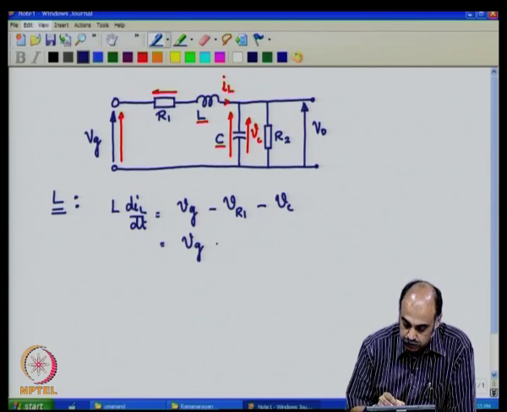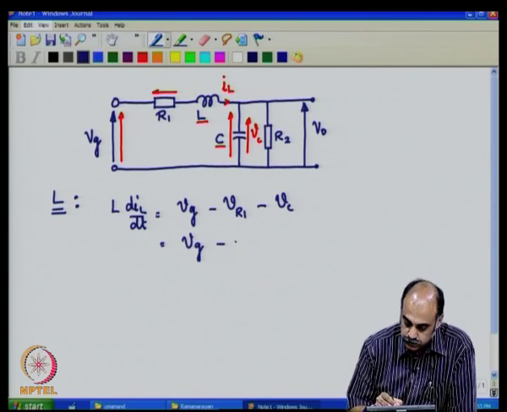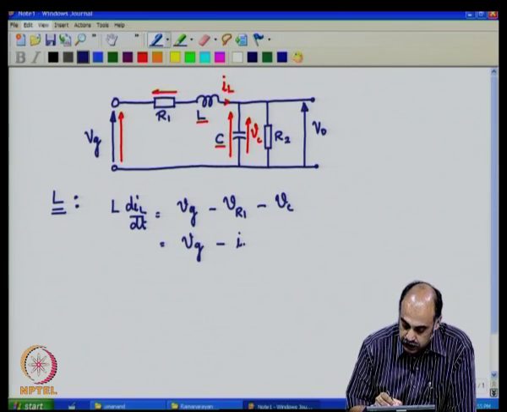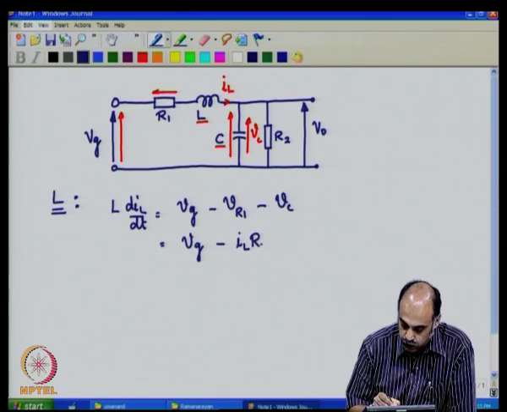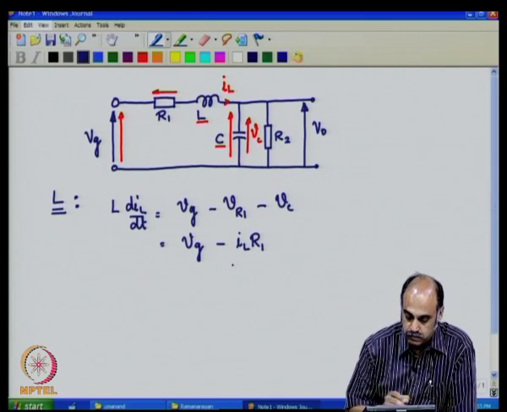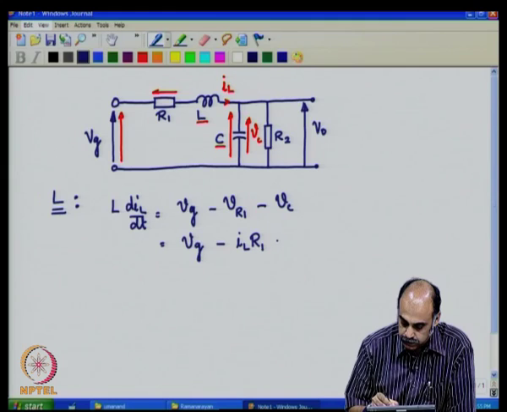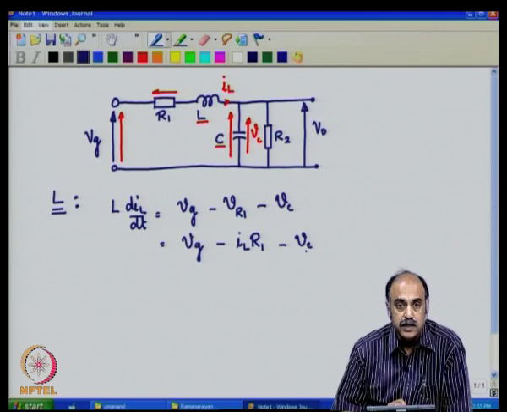Vg minus Vr1 can be written as IL into R1 minus Vc, which is already a state variable.